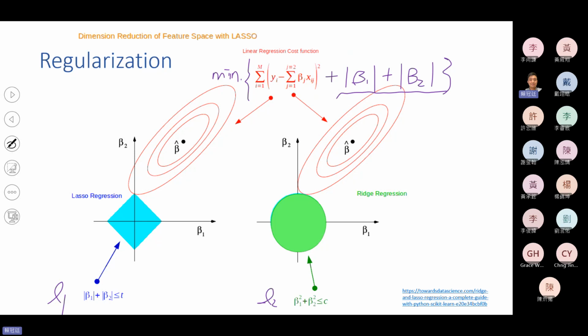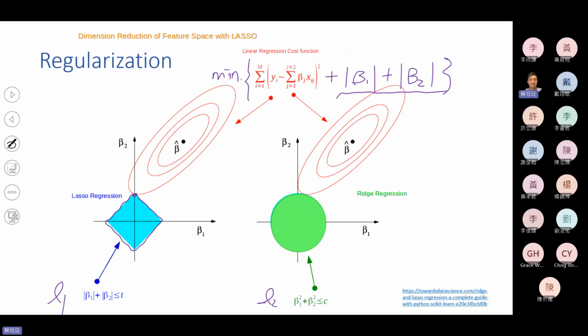So the regularization term will draw a region here, which means, as I said, on the red circle all the points have the same cost, same prediction, same error.